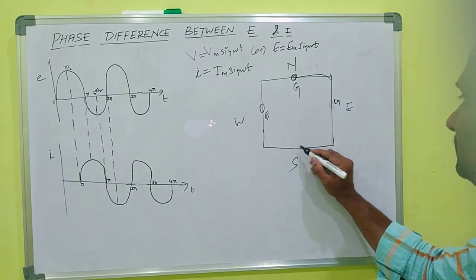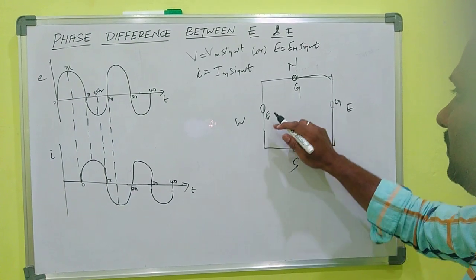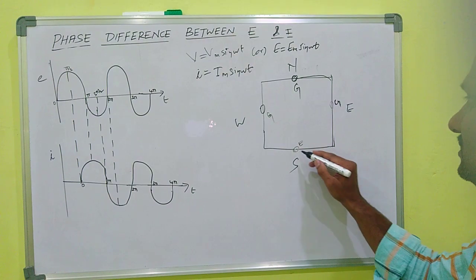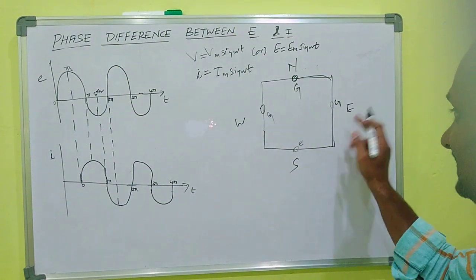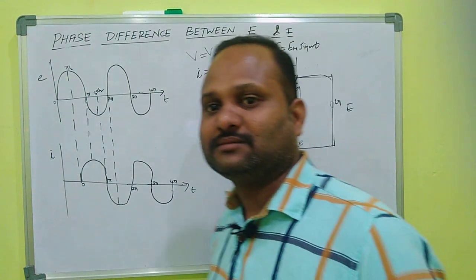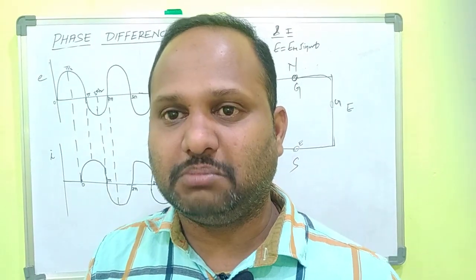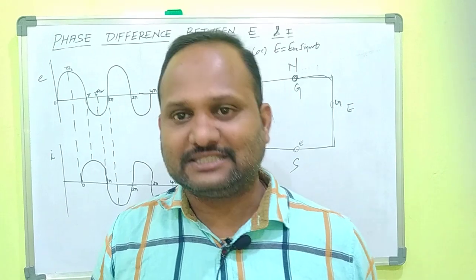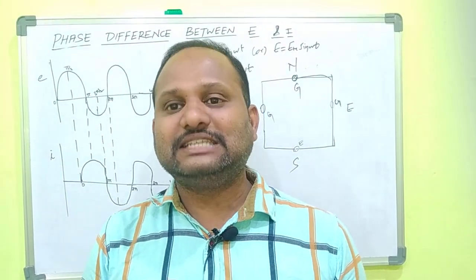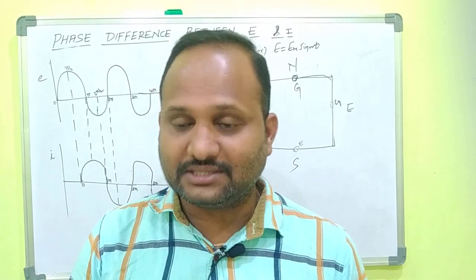Likewise, at the third point, the engine goes towards east and the guard goes towards west. The direction is different, but the guard follows the same way as the engine with a constant velocity. Here the engine is the EMF and the guard is the current.